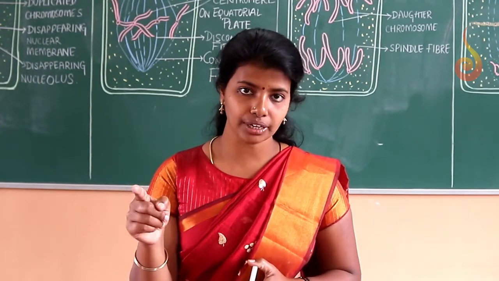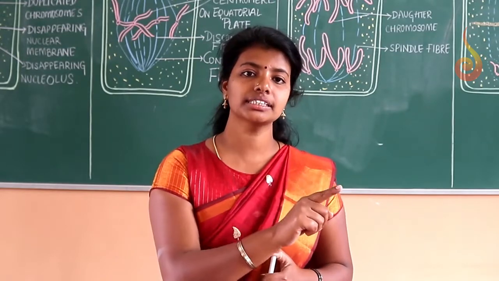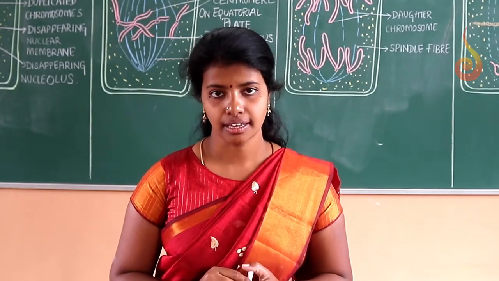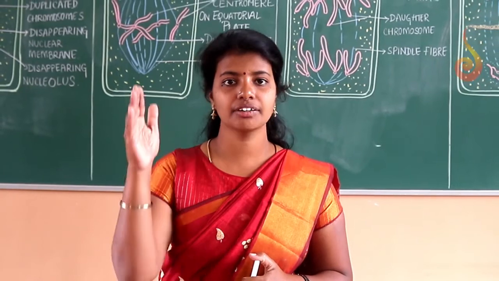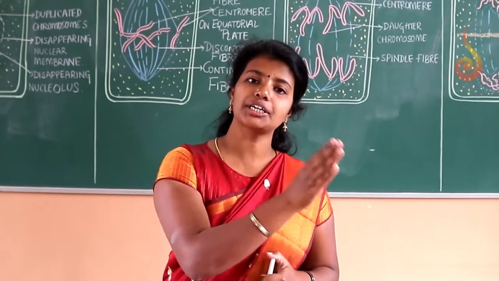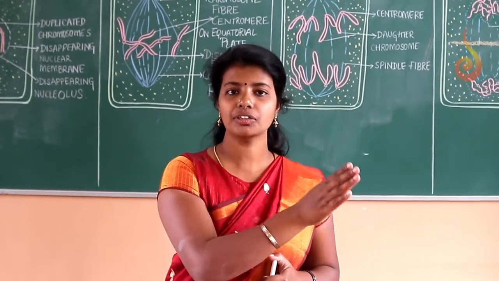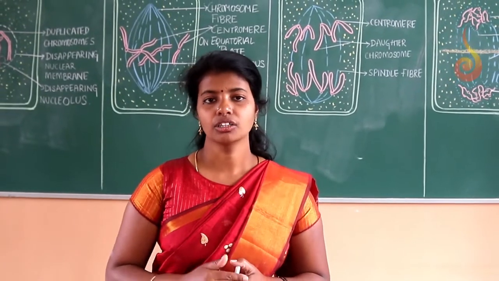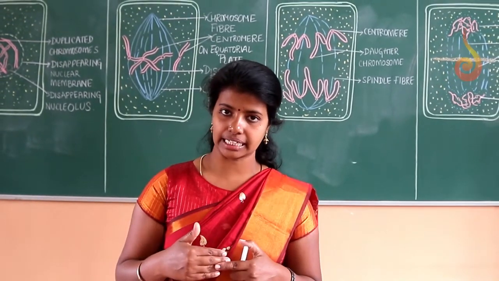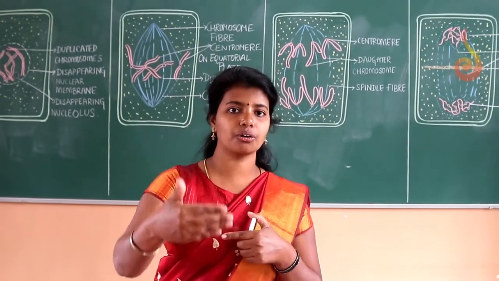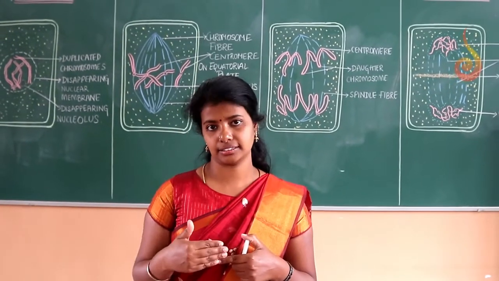One is karyokinesis, the other one is cytokinesis. Karyokinesis, division of nucleus. Cytokinesis, division of cytoplasm. So first karyokinesis takes place, that is followed by cytokinesis.